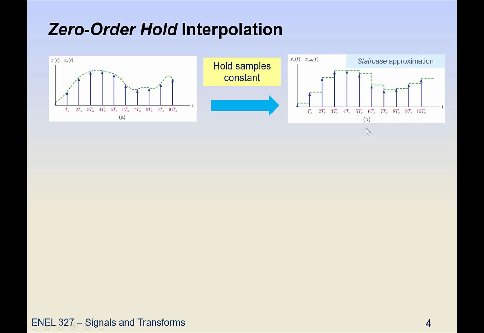What we get is a staircase approximation to the original signal x of t. Those interpolations are done using horizontal lines, in other words polynomials of order 0, because we're just keeping the value constant for a certain time.